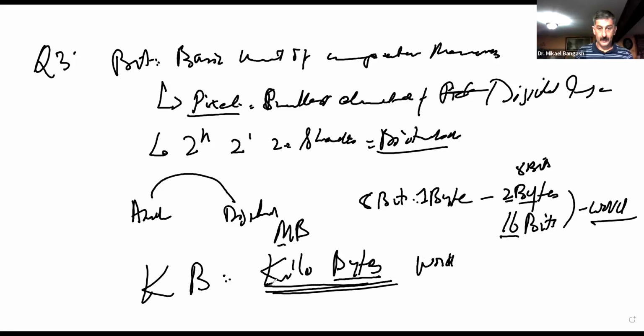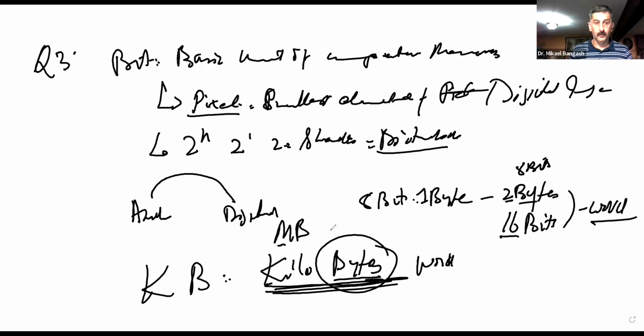So that mainly tells us how many bytes of memory each image or each file is going to occupy on your hard disk or whatever storage media you are storing it on.